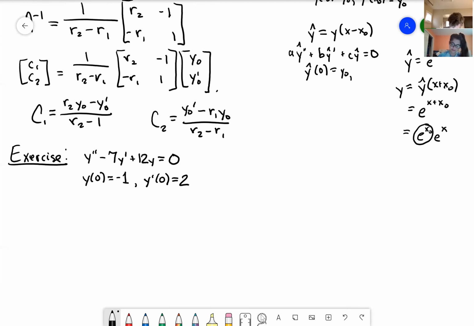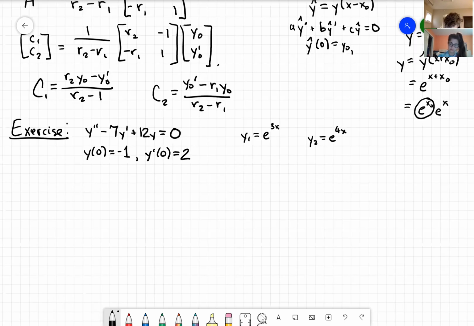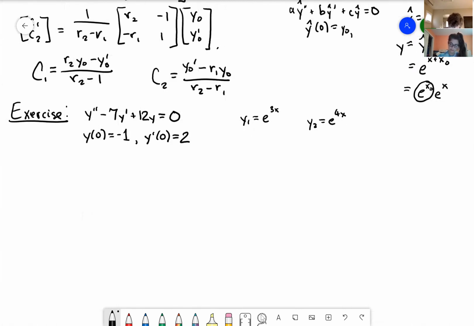Okay, so we know what the characteristic polynomial is going to be. We know how to factor it, and so we pretty easily come up with y1 is equal to e to the 3x, and y2 is equal to e to the 4x. So if we want to figure out what the specific solutions are, we can go through this whole process of inverting the matrix and computing the determinant, all of this stuff.